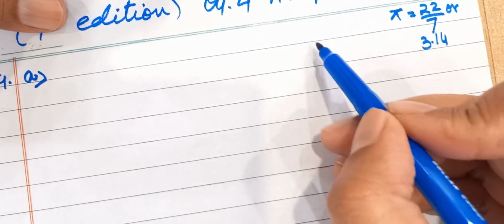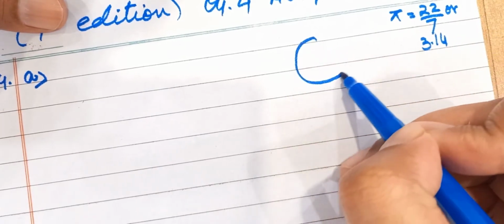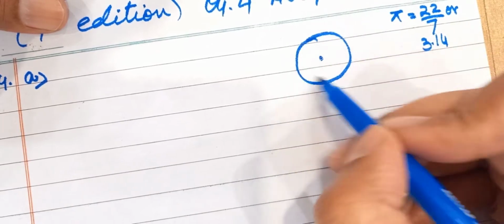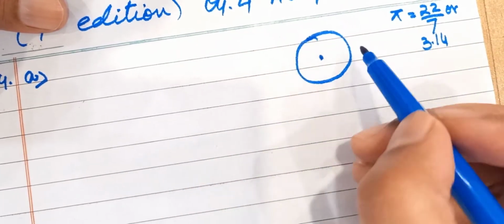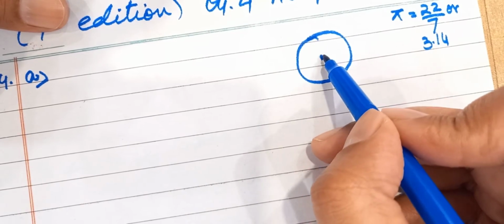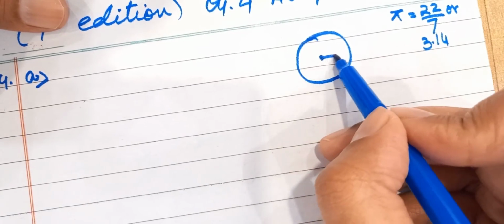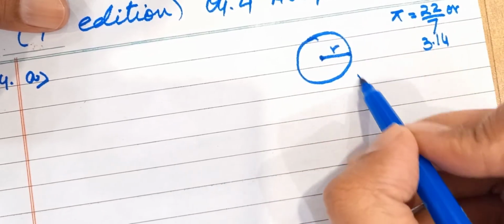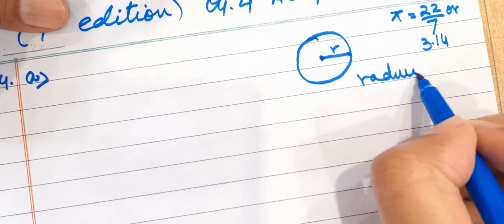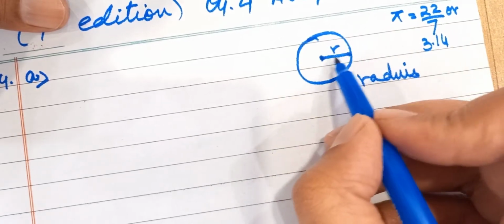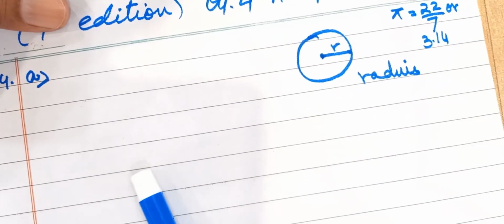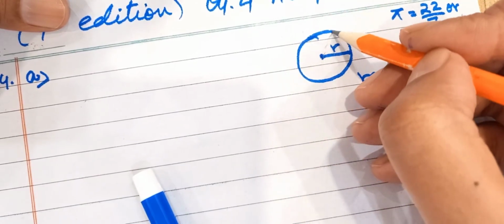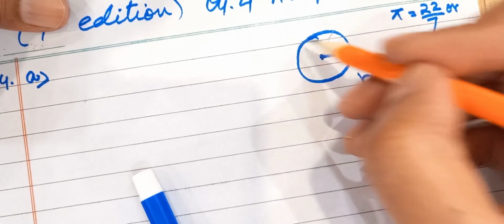If it's a circle, one must think this is the center with which we draw the circle. We must keep in mind that the length from this point to this point is called the radius. All these lines which join the middle point and touch the circular end are radius.